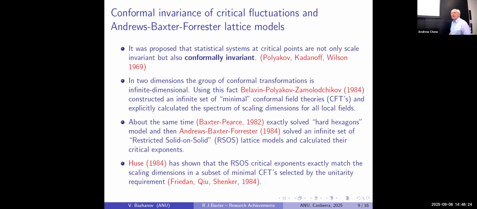About the same time, Baxter and Pearce, and Kedem, solved the hard hexagon model and calculated the exponents. And later, Andrews, Baxter, and Forrester. Actually, hard hexagon was the first in the sequence of models which were solved later by Andrews, Baxter, and Forrester.